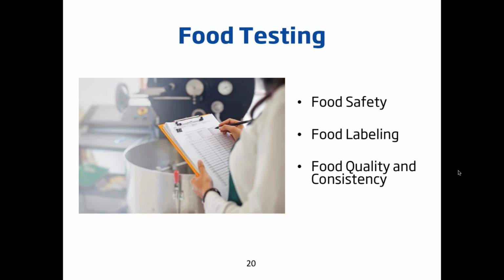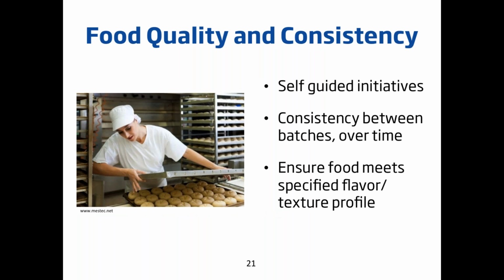So there's 3 main reasons in which you might test in-house: for food safety, for food labeling, or for food quality and consistency. So Trevor covered the first 2 in pretty good depth, but I want to just talk for a moment about the third one.